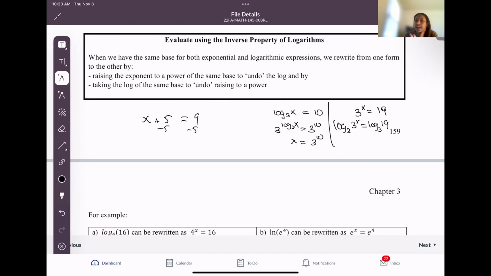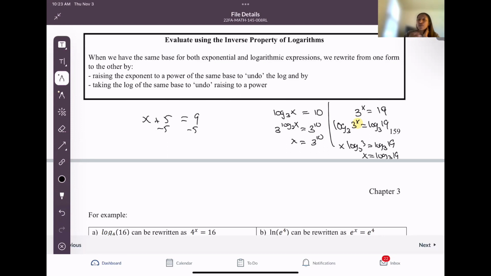You might be thinking, that looks worse. Why would we do that? Because of the property we just learned. We can then bring down that exponent and we get x times log base 3 of 3 equals log base 3 of 19. And log base 3 of 3, we said that's 1. So x equals log base 3 of 19.